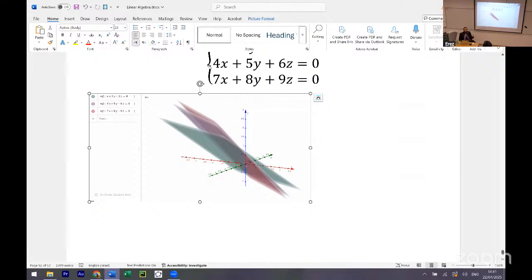Just by doing Gauss elimination on the matrix, I will find out that the intersection is a line without drawing the graph. We'll see it in a second, okay?